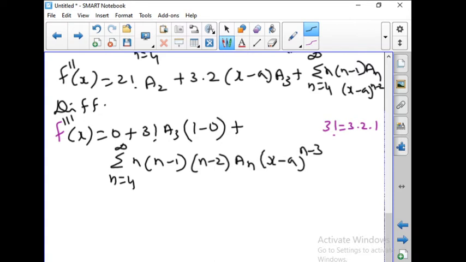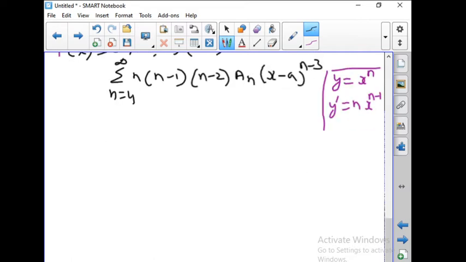Okay, இது ஞாபகம் வச்சுக்காங்க. y is equal to x power n இருந்துச்சுன்னா y dash is equal to n x power n minus 1. Okay, so this formula you should remember. Is it clear all of you?